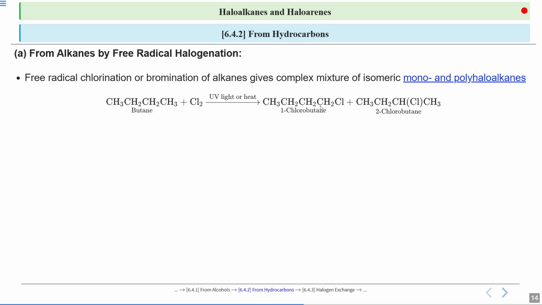The chlorine is attaching to different carbons, right? 1-chlorobutane means chlorine is attaching to the first carbon, and 2-chlorobutane means chlorine is attaching to the second carbon present in our parent chain, right? So these are the isomeric mixture we get after the free radical chlorination or bromination of alkanes.